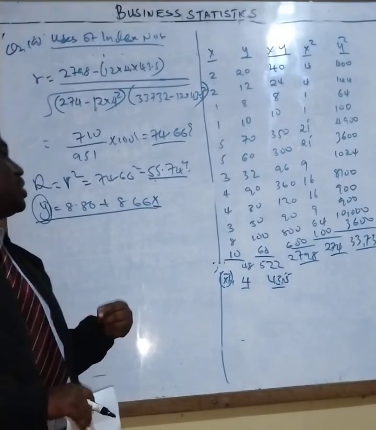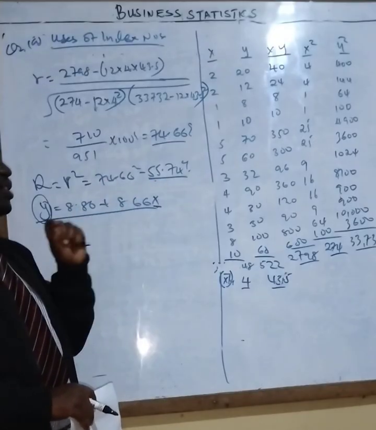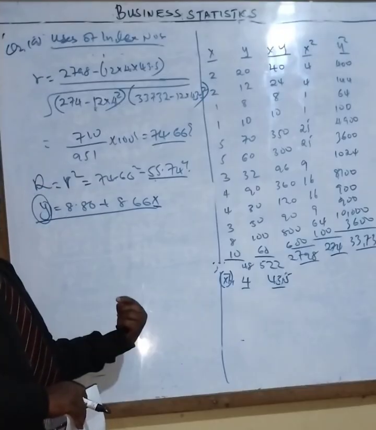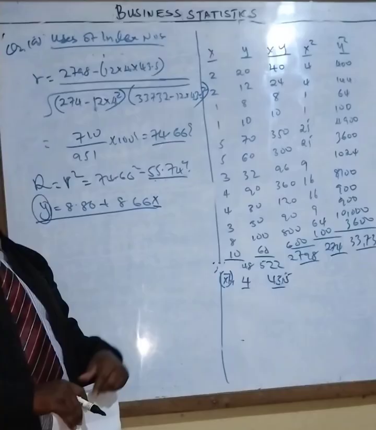The question now is, if 55.74% can be explained by the independent variable x, what about the remaining?